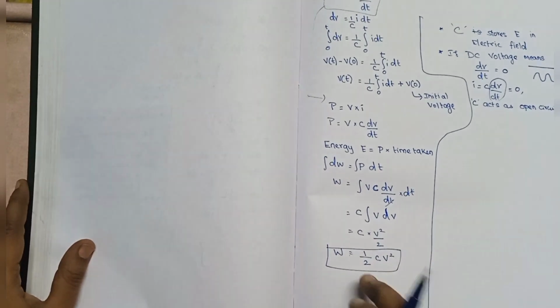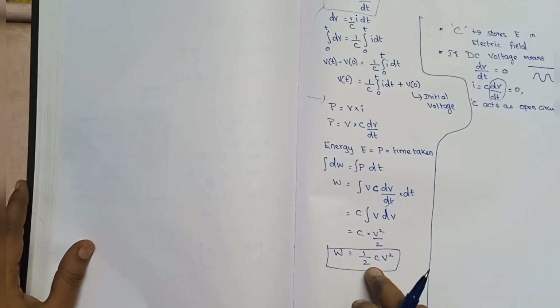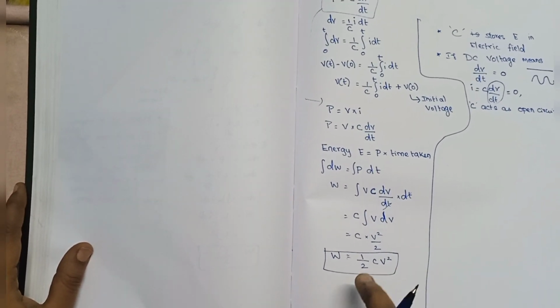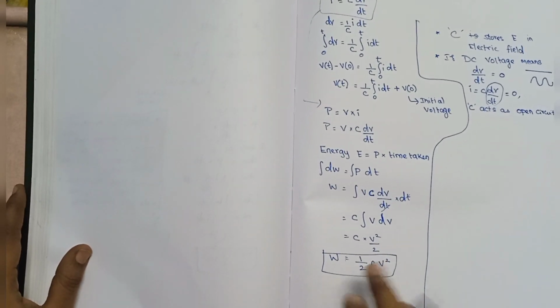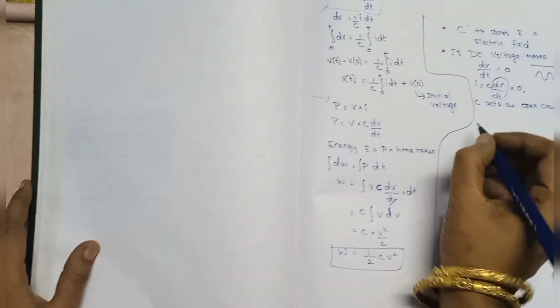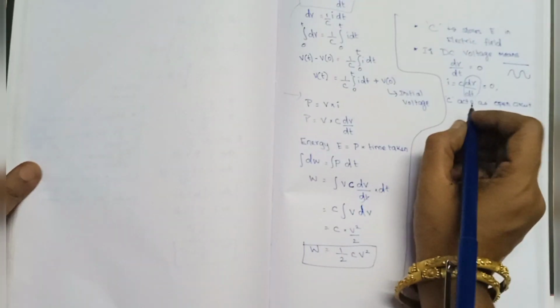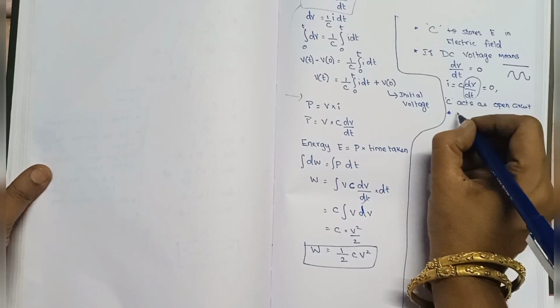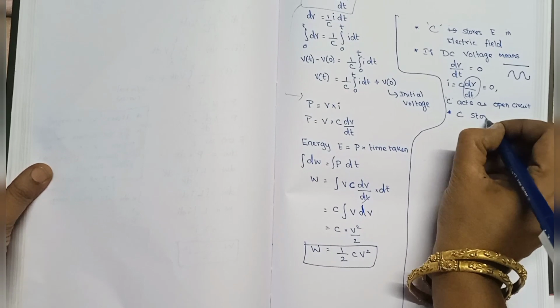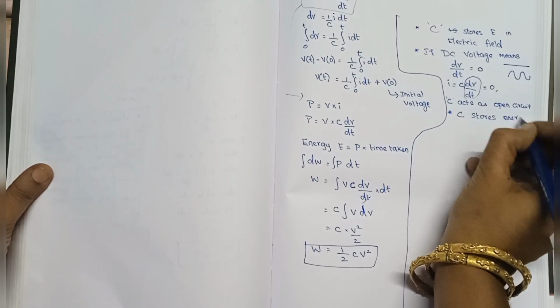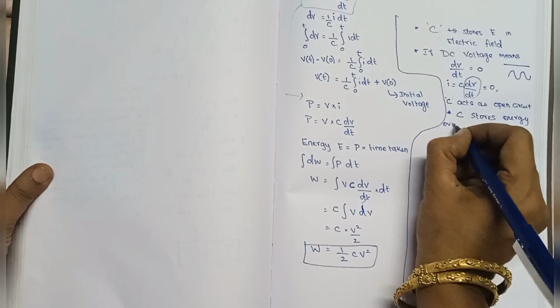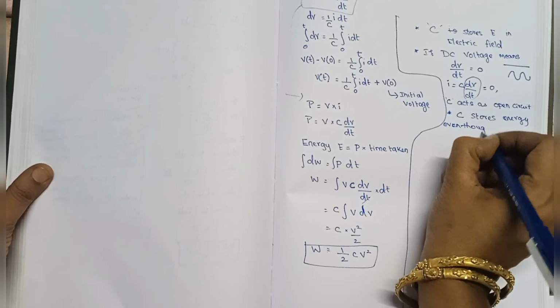Even though the capacitor is an open circuit, it stores some energy, because the energy stored in the capacitor does not depend upon the current. It depends upon the voltage only.